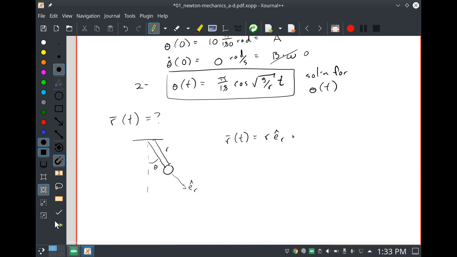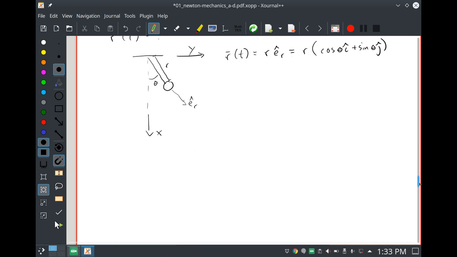But I want to know what direction that e r is pointing. So if I want to turn that into i and j components, I could say that this is equal to r times cosine theta i plus sine theta j.